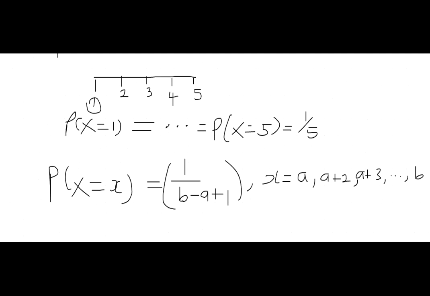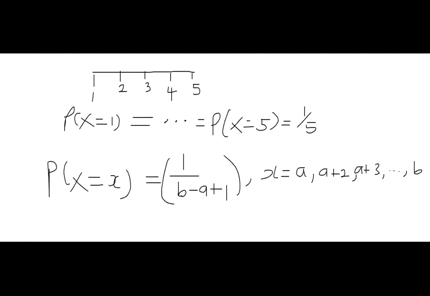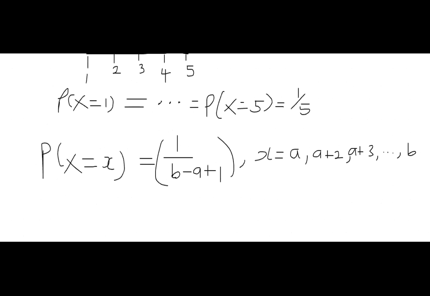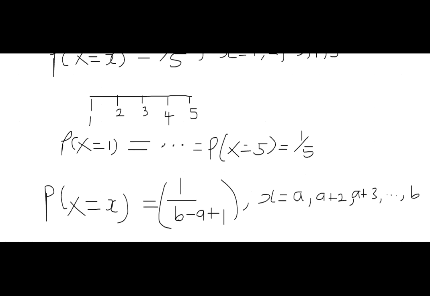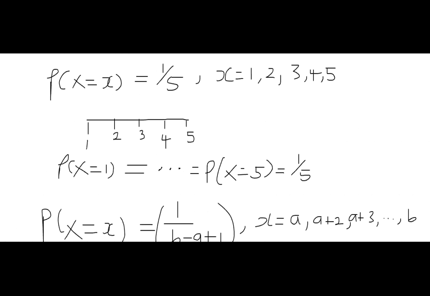Let me write that so that you get it. In the simple case, in the diagram above, a is equal to 1 and b is equal to 5.